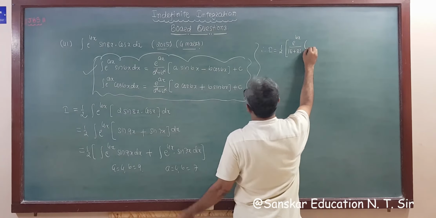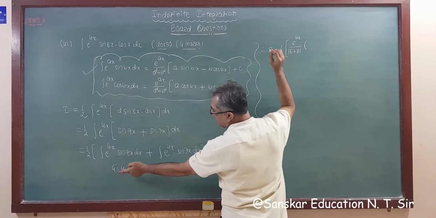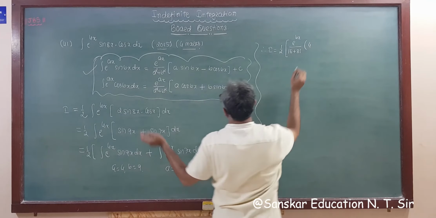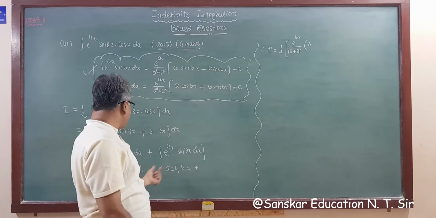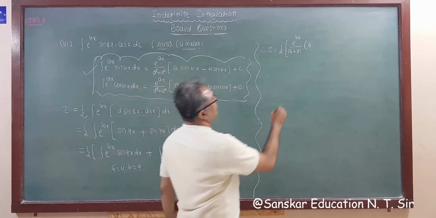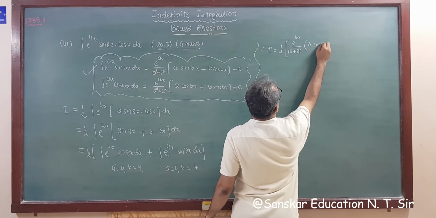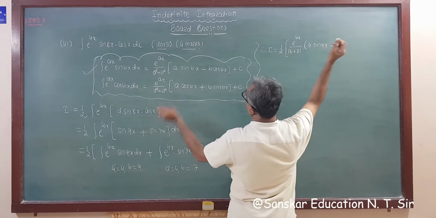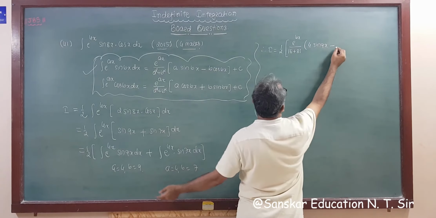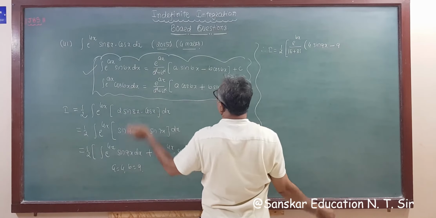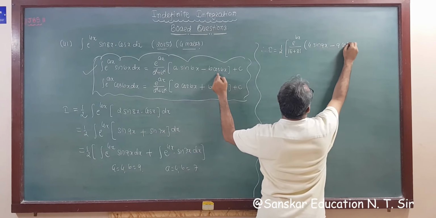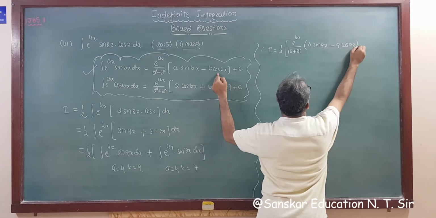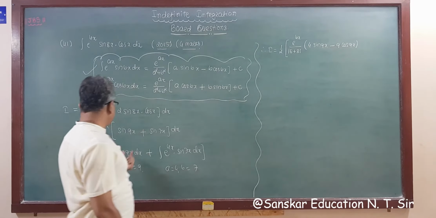And then a sin bx, a is 4, so 4 sin 9x, minus b is 9, so minus 9 cos 9x, right? This is the answer for this.